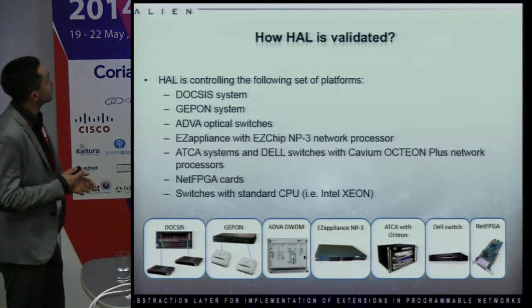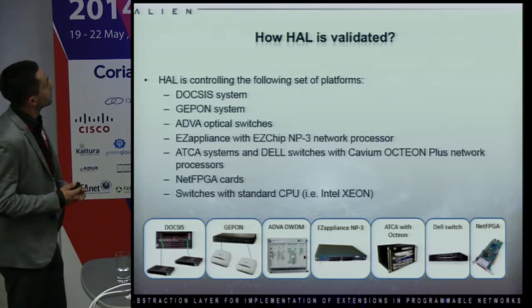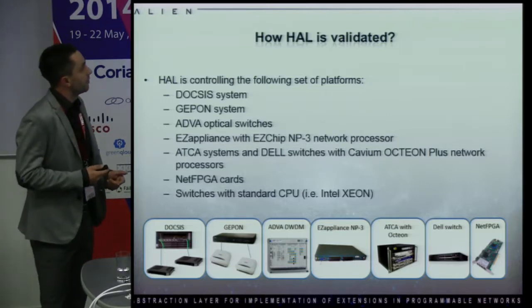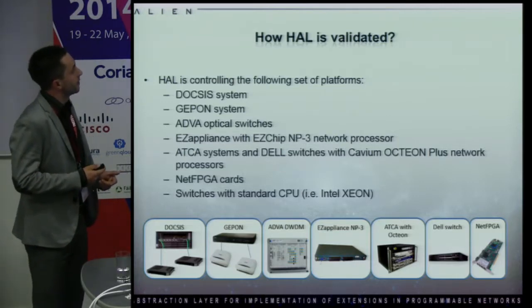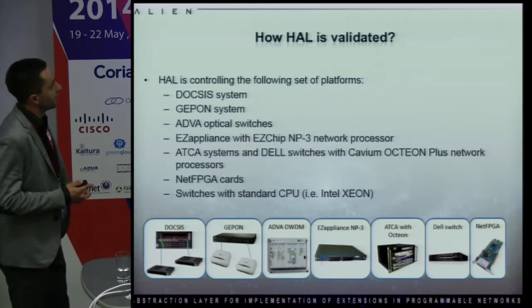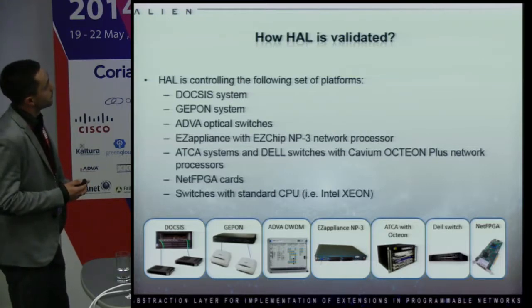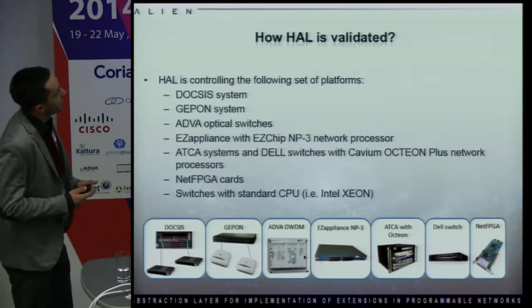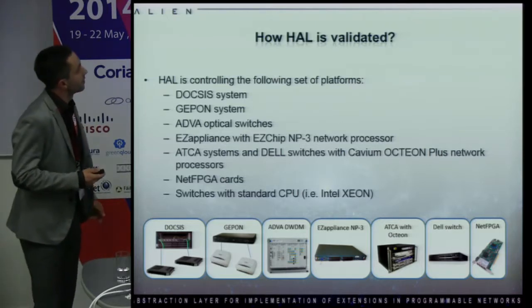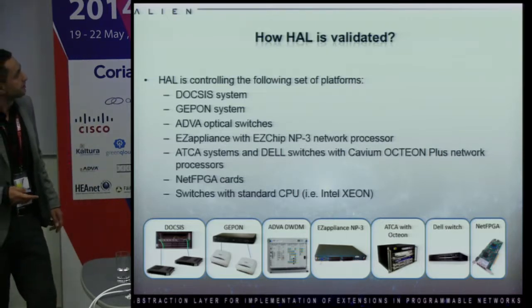Those are DOCSIS, a known system from cable systems to our homes; GPON; a multi-modular optical system; an ADVA telecommunication system with network processors; an EZappliance programmable switch with an EZchip NP3 network processor; ATCA; a Dell switch, also with a network processor; NetFPGA cards; or even switches with standard CPUs like Intel Xeon.